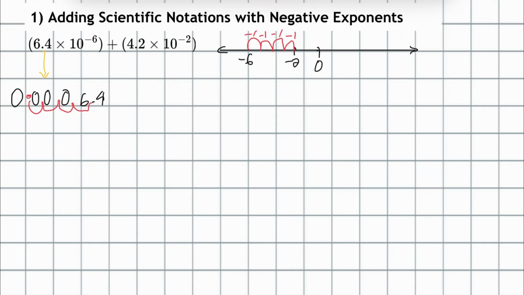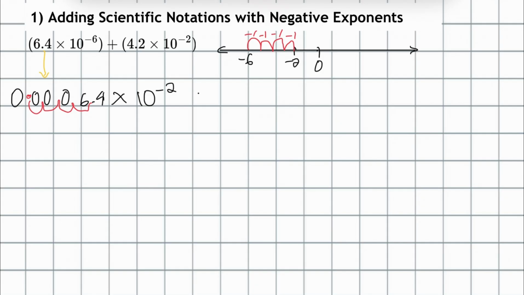So now we have that, and that became automatically times 10 to the negative 2 because we did that placement value of negative 4 times to the left, the same way this value moved from here to here. Okay, we move that way, and therefore this exponent changed to the equivalent value of negative 2.